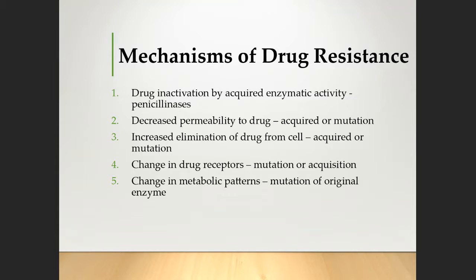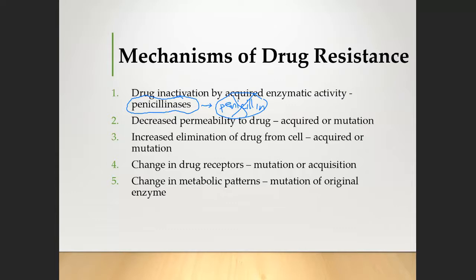So they produce an enzyme called penicillinase. So this resistant gene produces the penicillinase, and this penicillinase will destroy or block the penicillin.